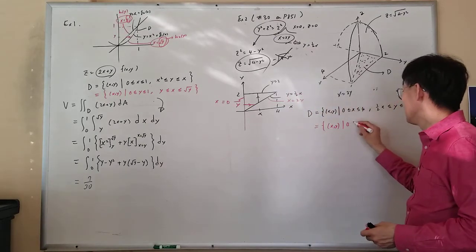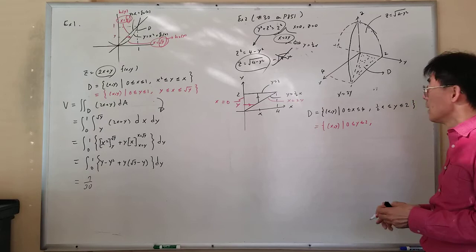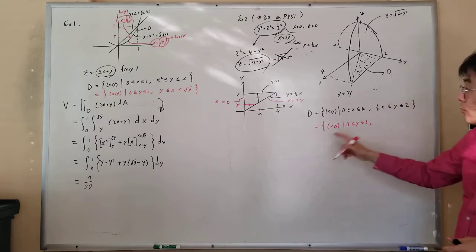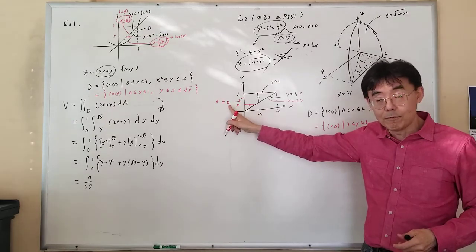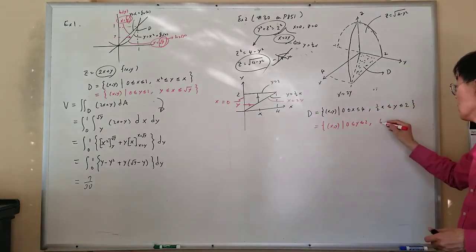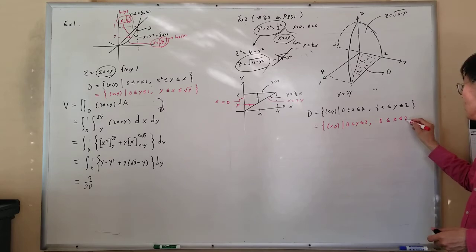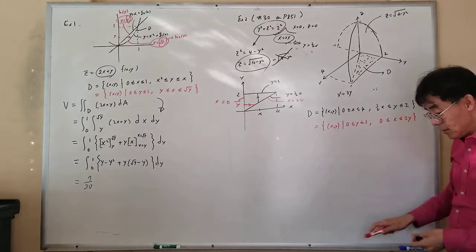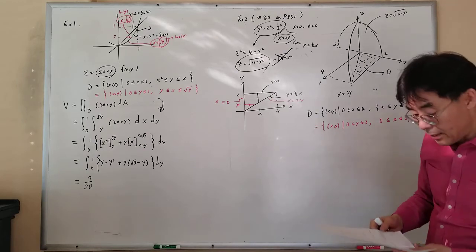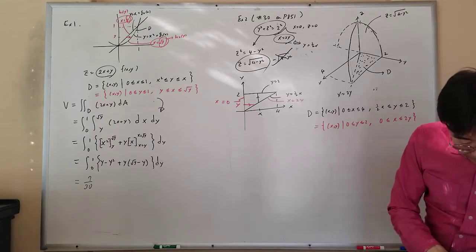Y runs from 0 to 2. For given y, x runs from 0 to 2y. Right? This is your h1 of y, h2 of y. This is type 2. Okay? So you can set up either way.